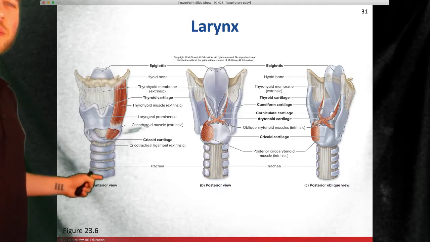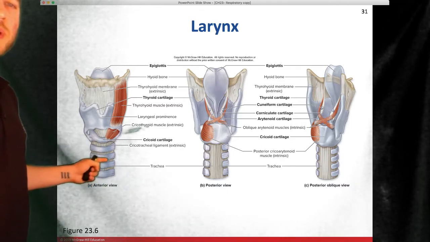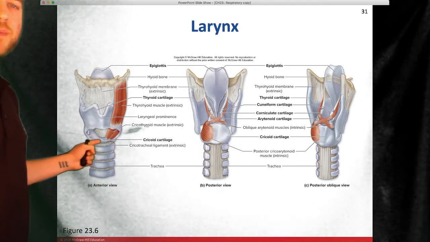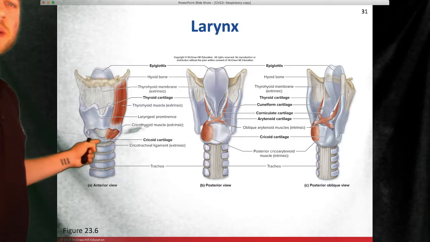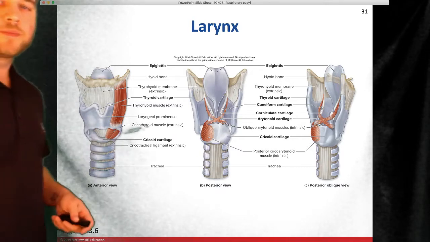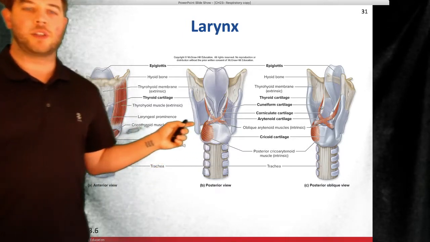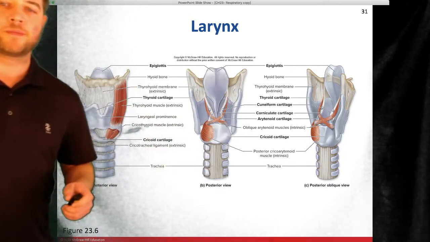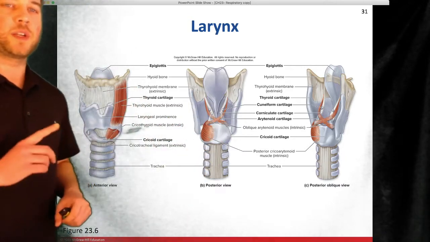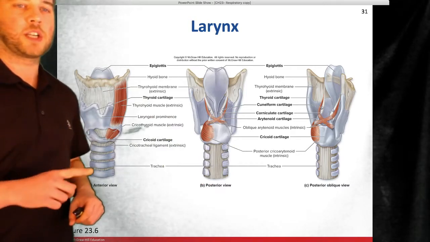The very first piece of cartilage below the laryngeal prominence is the cricoid cartilage. Posteriorly, you can see the arytenoid cartilage and some of the other pieces. I'm not going to focus on those as much as I will the thyroid cartilage and the tracheal rings.